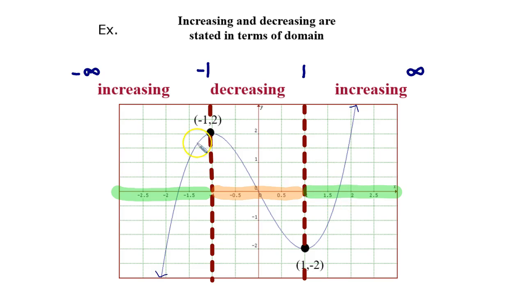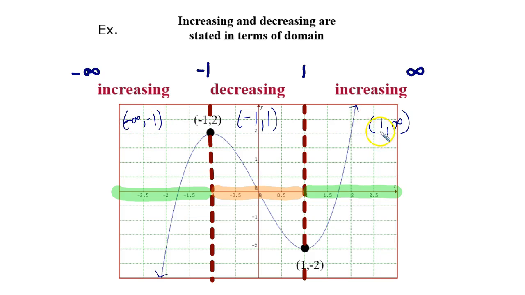To write out those intervals, we would say that this is increasing from negative infinity to negative 1. It is decreasing from negative 1 to 1, and then increasing again from 1 to infinity. So it has two intervals of increase. The first interval is from negative infinity to negative 1.